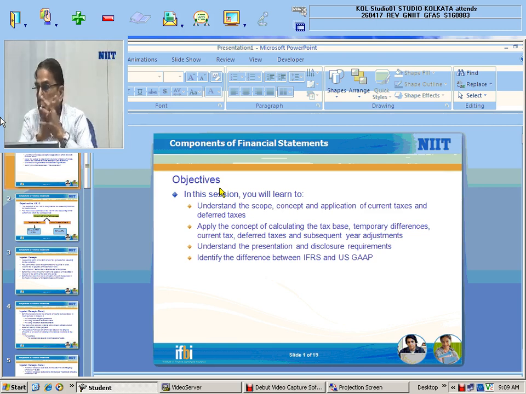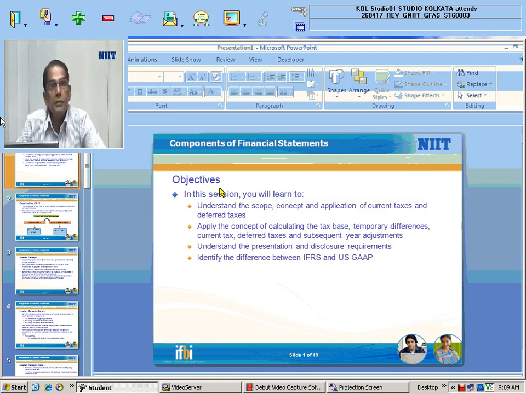When they actually have to pay the tax, it has to be calculated based on the tax laws. So there could be a difference. The tax payable under the financial reporting requirements and the tax payable as per the tax laws of the country can be different. So that's why the concept of current tax and deferred tax comes in.